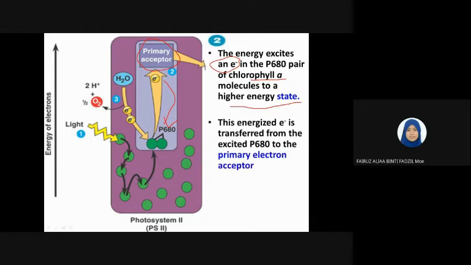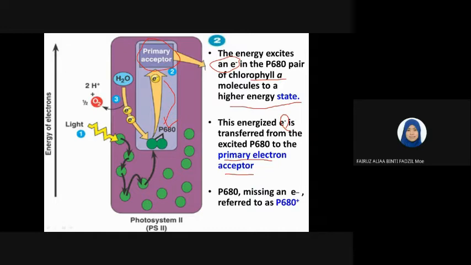This energized electron is transferred from the excited P680 to the primary electron acceptor. This molecule will accept the electron and become reduced.